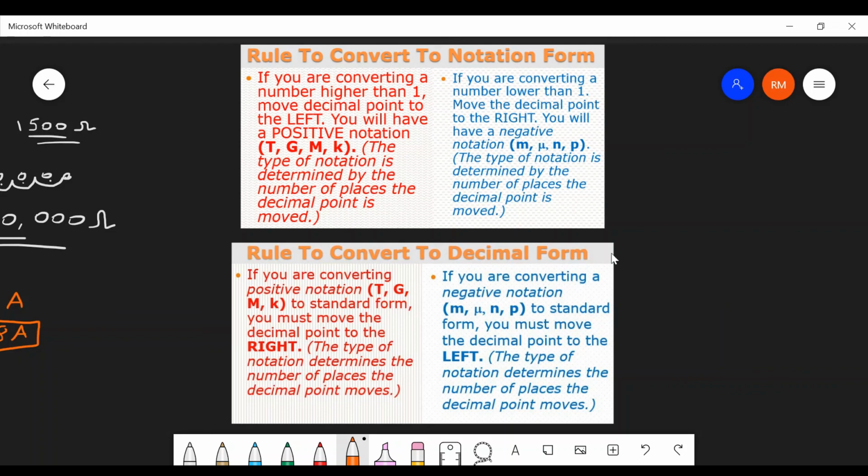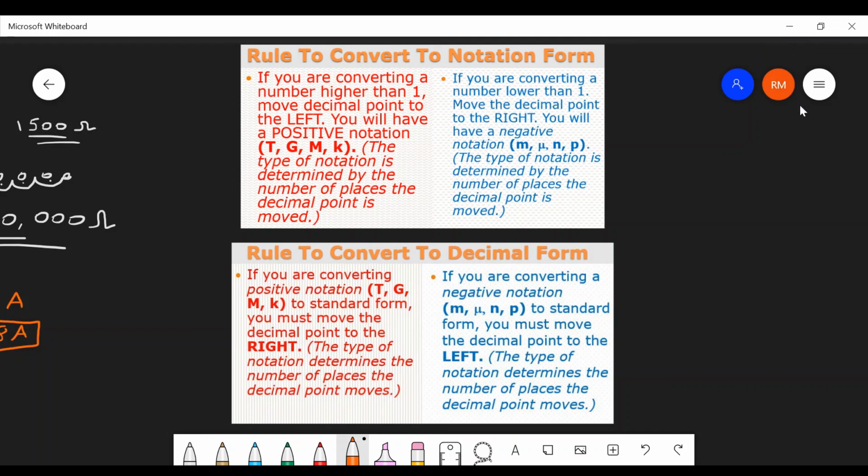In red it's positive notations, in blue it's negative notation. Take your time, read them, and if you have any questions, let me know. Give me some feedback. Let me know how it worked out for you.